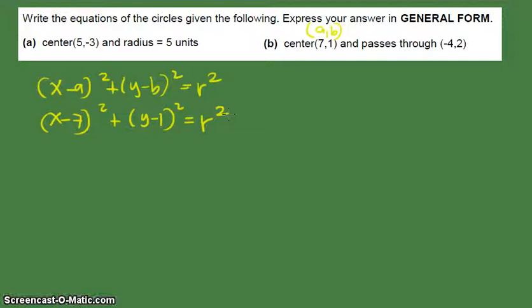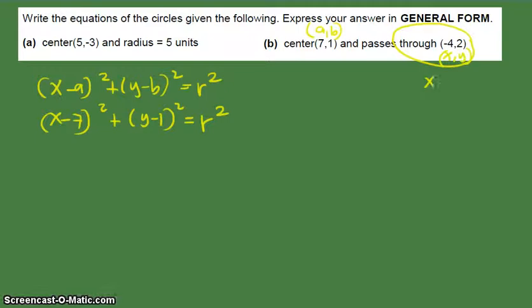So how do we find the value of r? We have information here that it passes through the point (-4, 2). Now keep in mind that when the graph of any equation or function passes through a given point, then the values of the point can be used as the x and y of the equation.